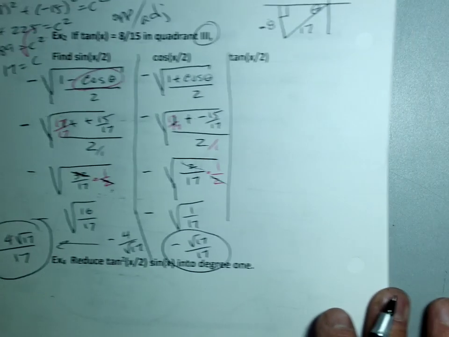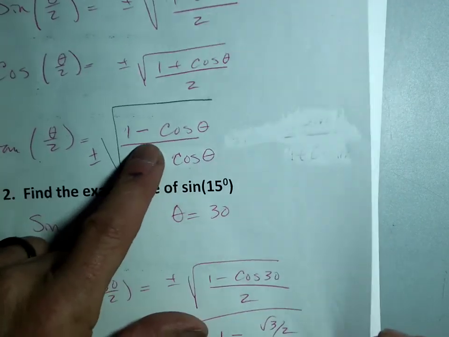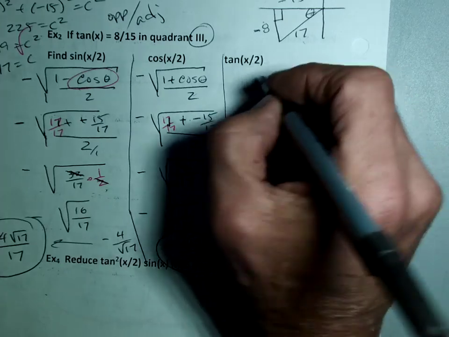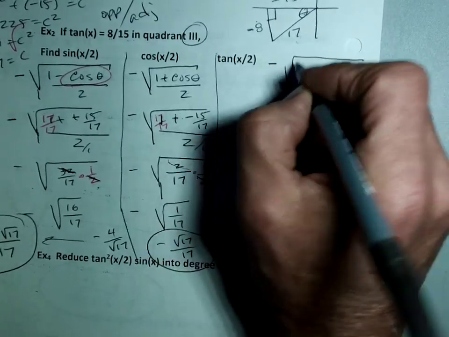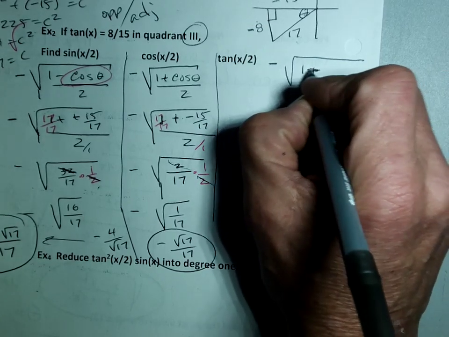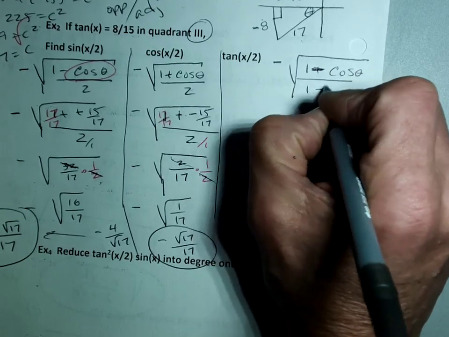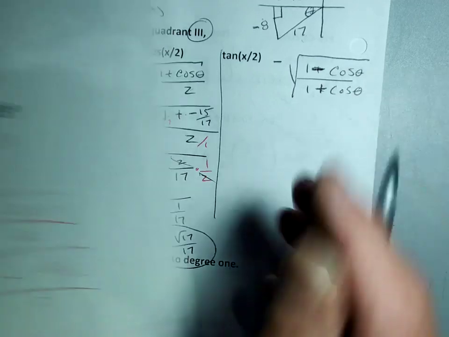One more tangent. Okay. Let's see, I'll use my notes. That's the 1 minus cosine theta over 1 plus cosine theta. So negative square root of 1 minus cosine theta over 1 plus cosine theta, right out of my notes.